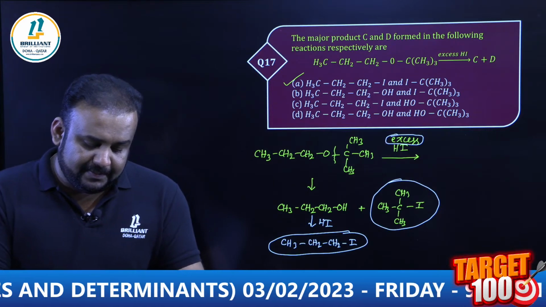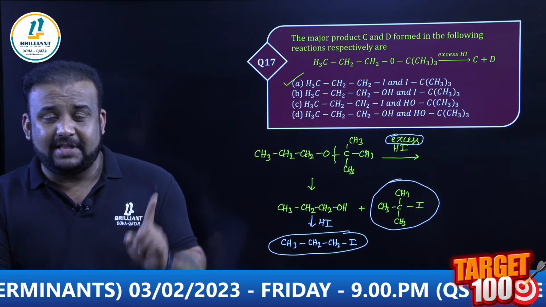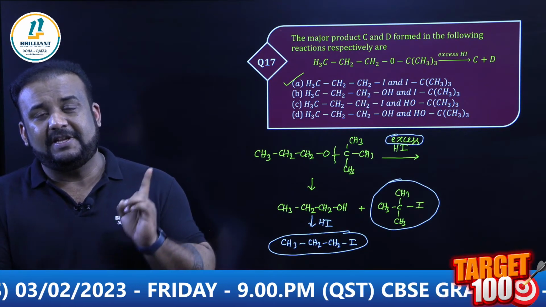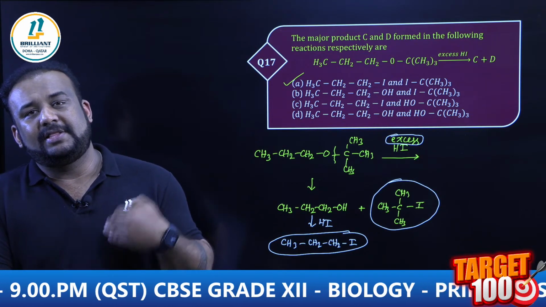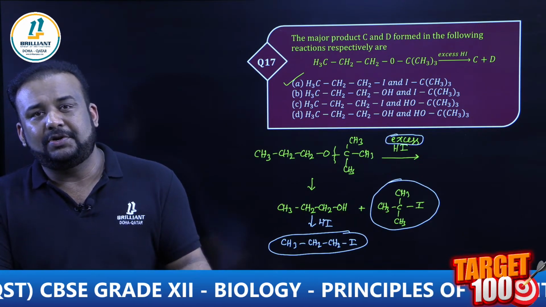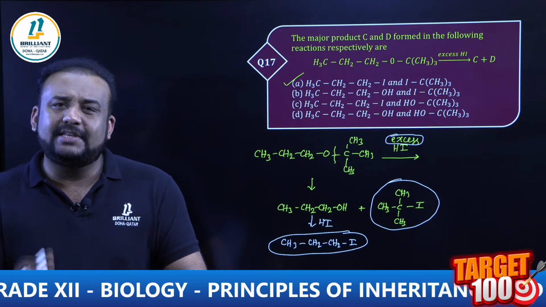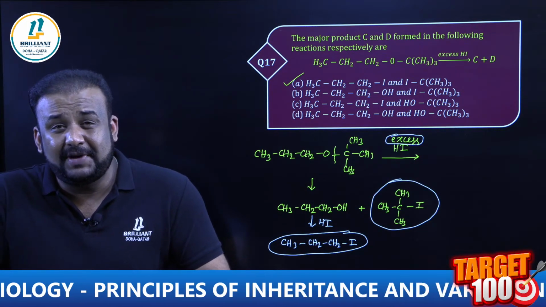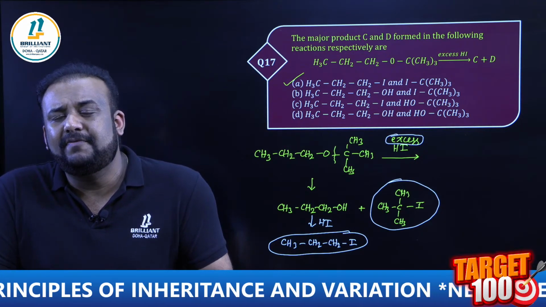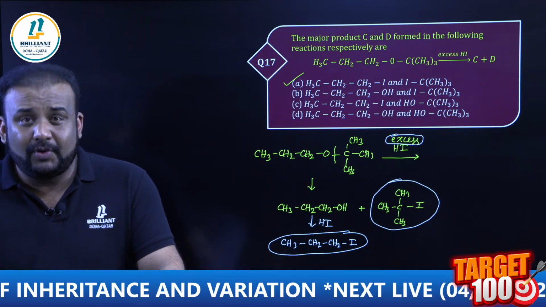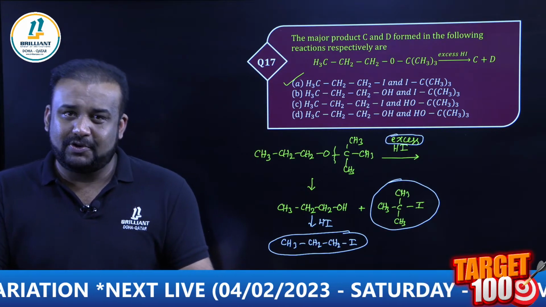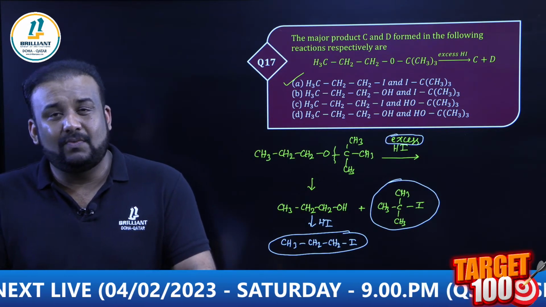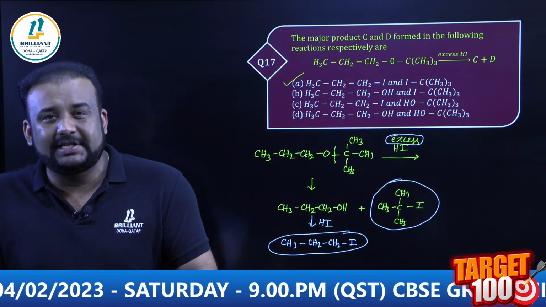This is a very important question, and a very important point. Remember, if the hydrogen halide is in excess, even the alcohol will turn into the haloalkane. It is there in your textbook. That's why I keep telling you that, before you go for the board exam, you should read the NCERT textbook at least 3 times. And there are 2 benefits. One is, of course, it is going to help you in the board exam.